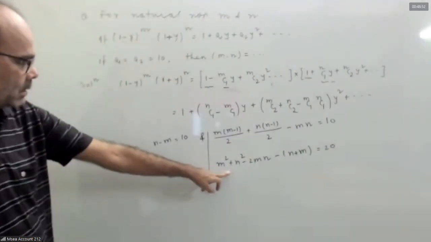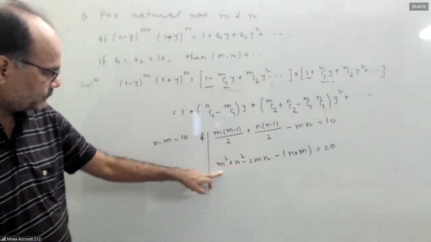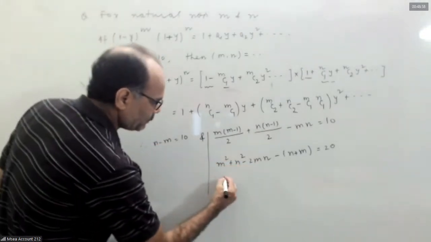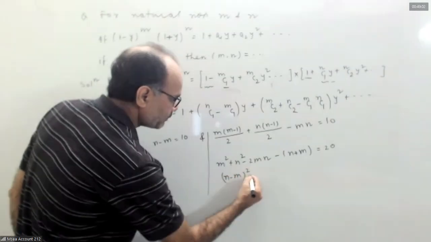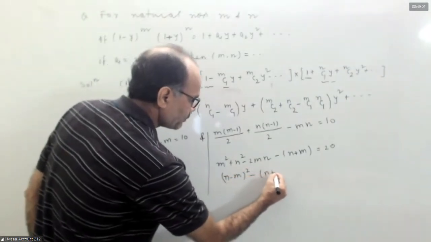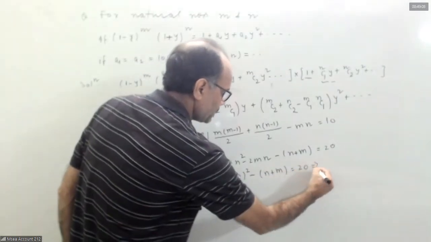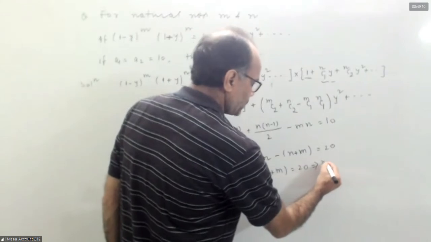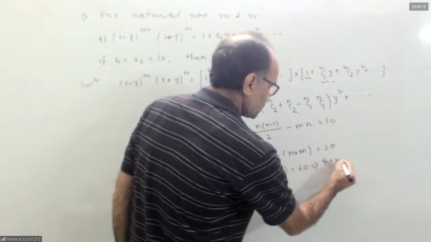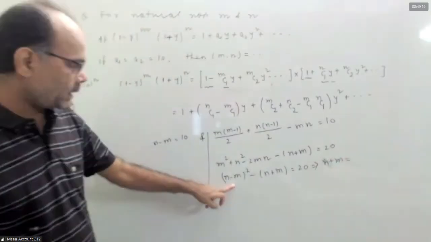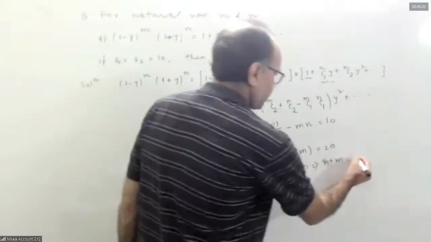I can write it as m minus n whole square. This is n minus m whole square. From here, n plus m equals, once you check the calculation, 100 minus 20, 80.